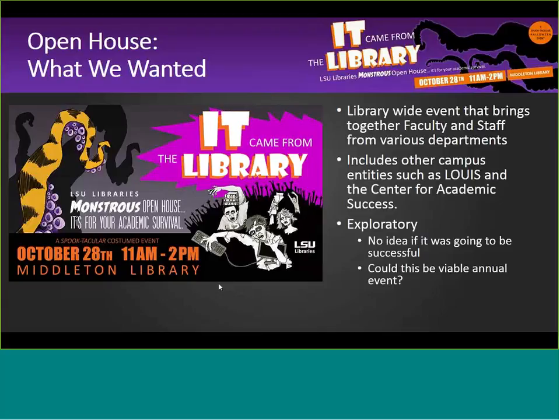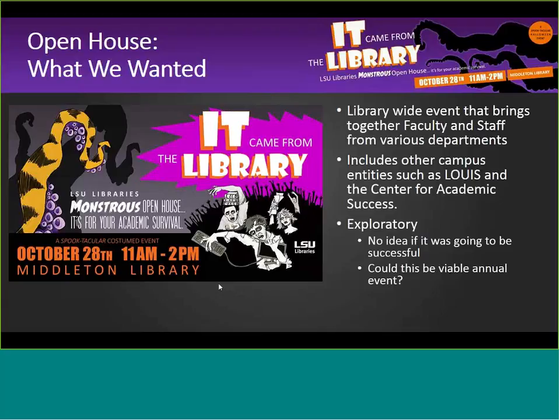So with this past committee, we had people within Research and Instruction Services, but we also had people within the interlibrary loan department. We've used people within special collections, which was awesome. Michelle Melanson did a lot of our design work, so that was cool. We also brought in people who were not just library people, but from other entities such as Lewis, the Center for Academic Success, which is our tutoring center housed within the library.